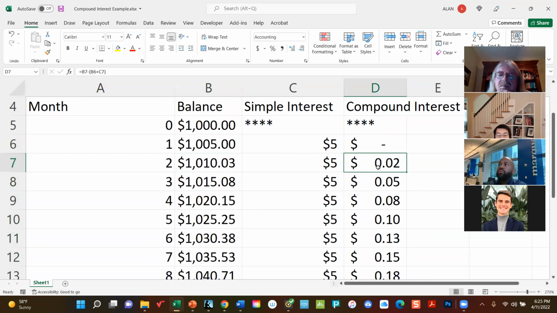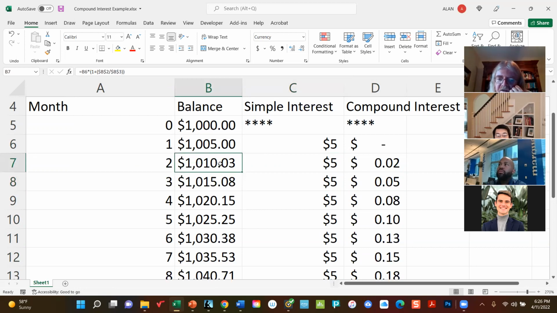Now, where did that come from? Because during month 2, the interest rate is being applied not just to the original $1,000, but to the $1,005 for month one. So that 2 cents is the interest on that last $5 in month one. And then here, this 5 cents is based on the extra interest that I have here.